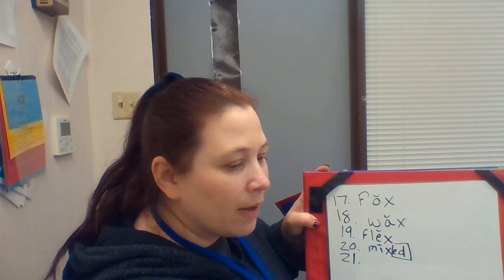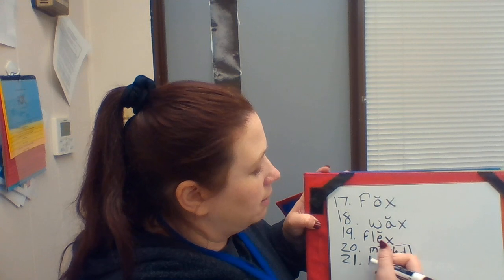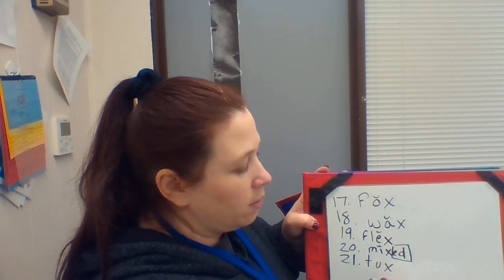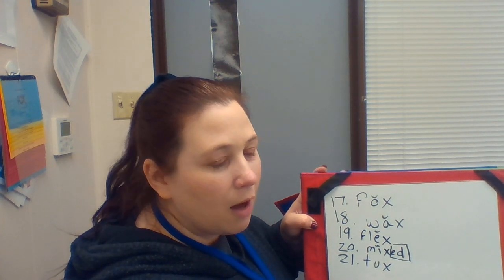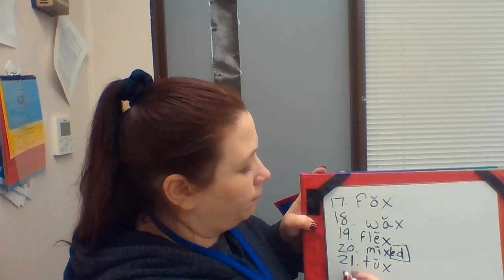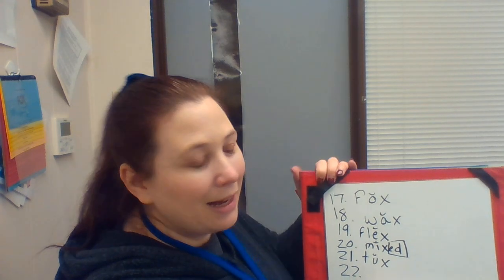21. Tux. No ending, no prefixes or suffixes, so we're going to look at our U. Tux. We're going to put a breve on the top of the U. 22.